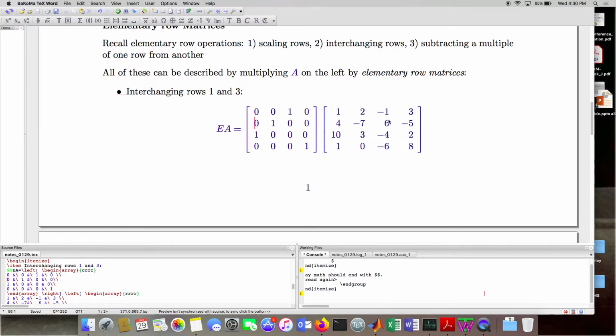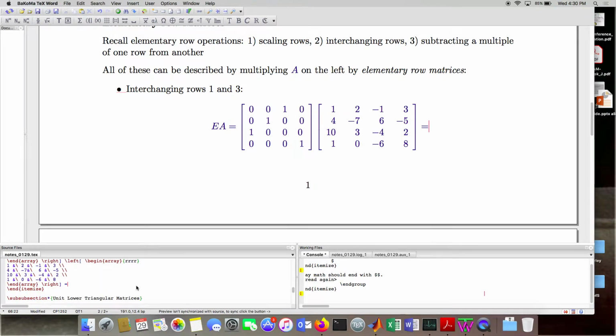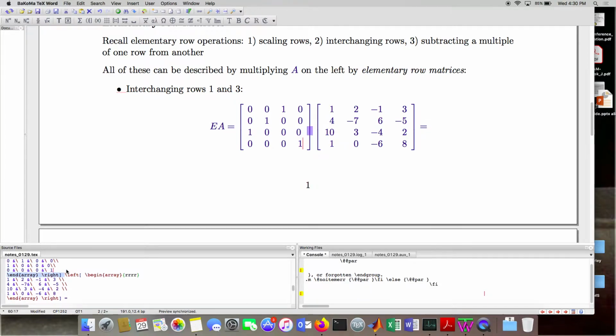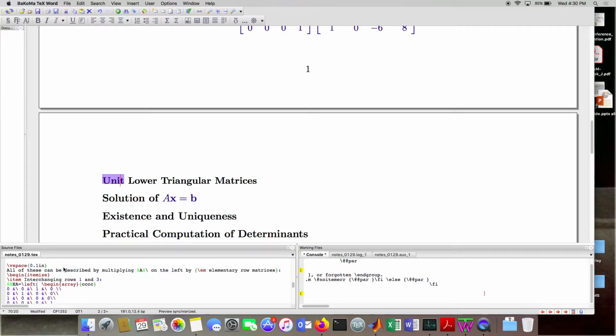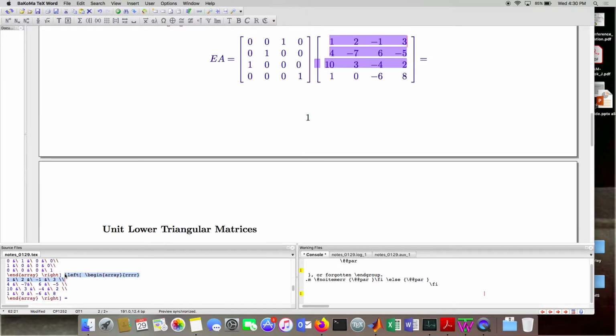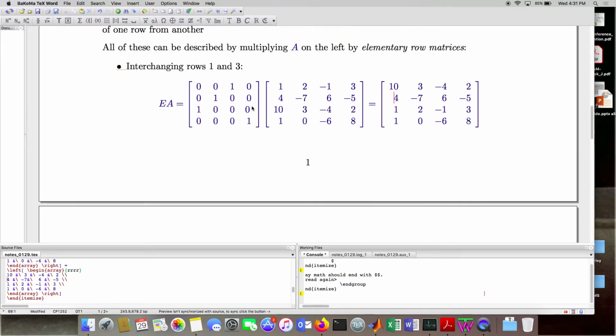So taking this matrix that I've made up and multiplying it on the left by this elementary row matrix will have the desired effect of swapping rows 1 and 3 in that matrix. All right, so this would be the product.